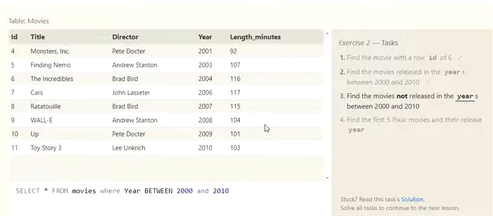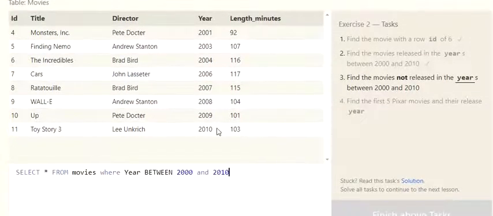As this is an inclusive thing, the year 2010 was given, so it is including this value also, like 2010. You have to keep this in mind during some of the interviews or quizzes: the between and operator is an inclusive one.